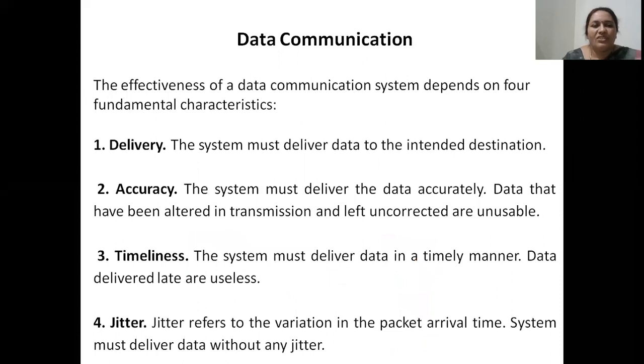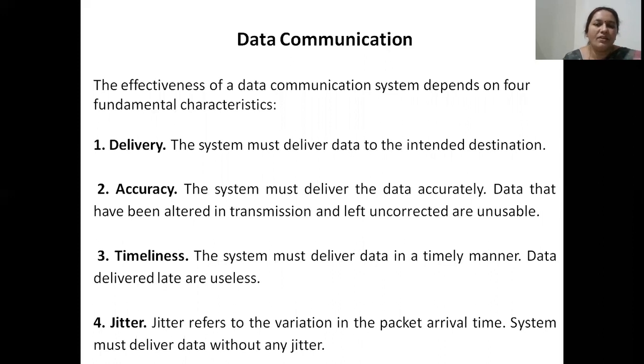To gauge the effectiveness of data communication system, we use 4 different characteristics. The 4 different characteristics of a data communication system are delivery, accuracy, timeliness, and jitter. Any data communication system must deliver data to the intended destination.